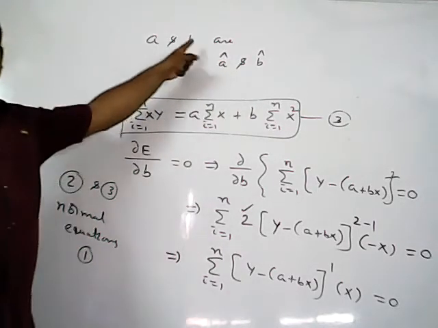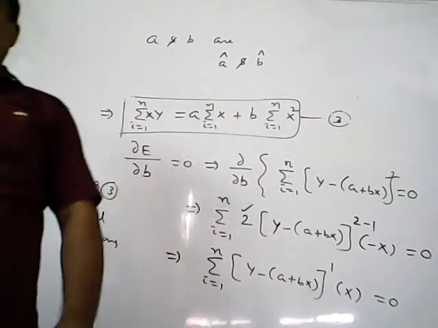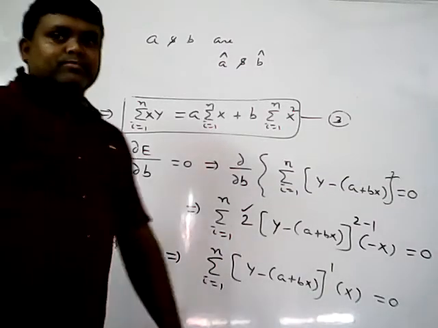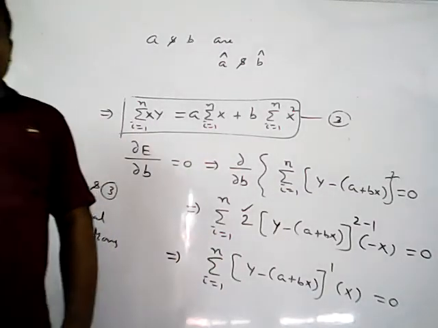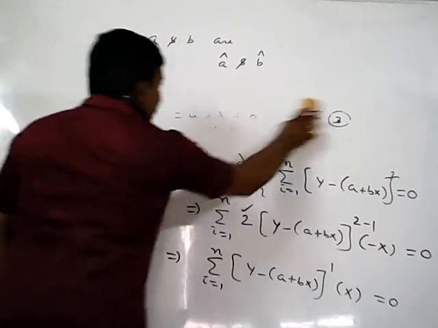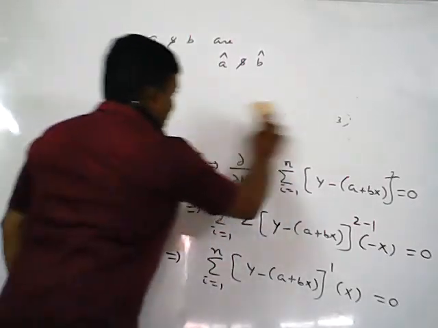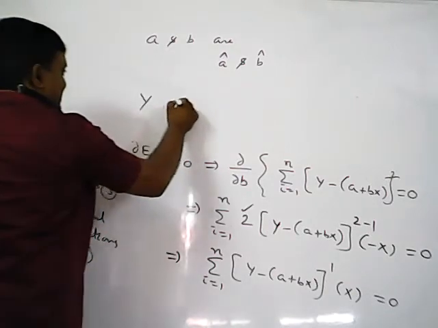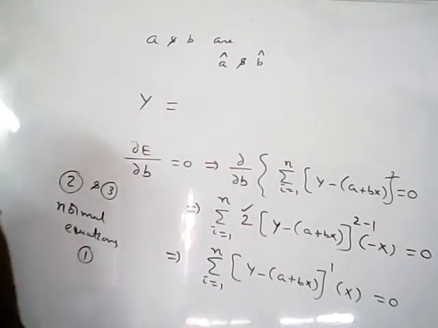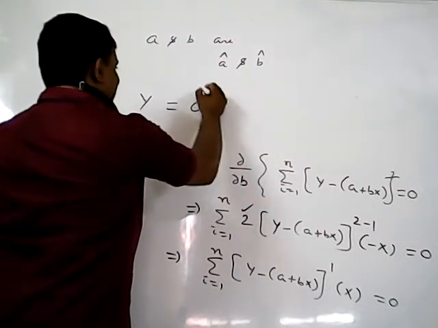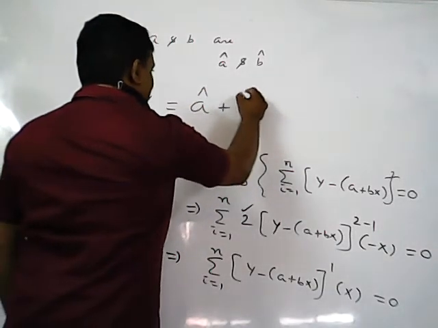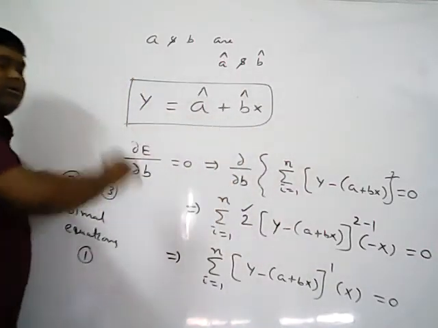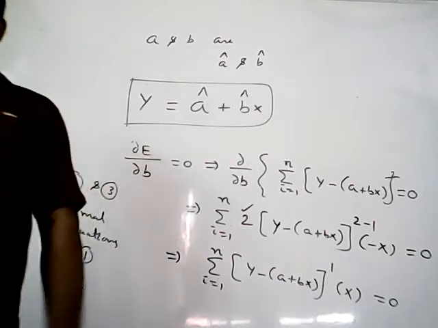Therefore, the required straight line equation is given by y equal to a crown plus b crown x.